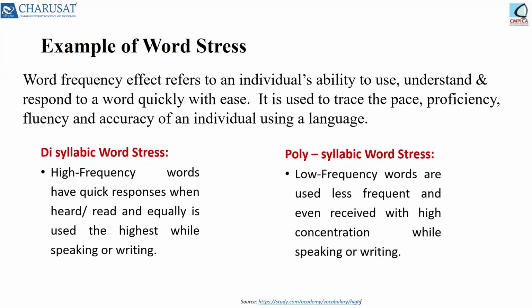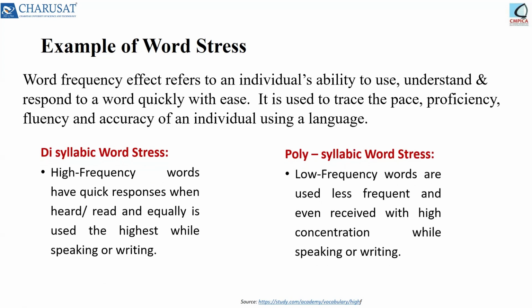So what is disyllabic word stress and what is polysyllabic word stress? When we are talking mono, we already learned, right? Mono is one syllable. Disyllabic will always have two. High frequency words that quickly respond to the words that are heard would be disyllabic words.